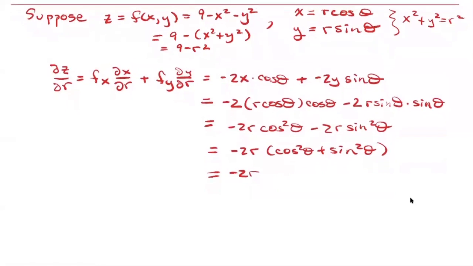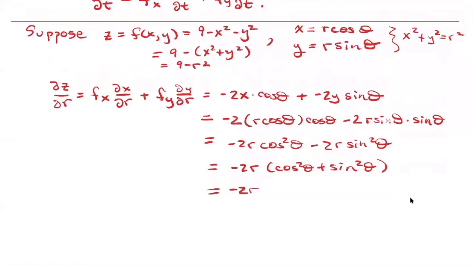So clearly the partial of z with respect to r is the partial with respect to r of 9 minus r squared, which is clearly negative 2r.